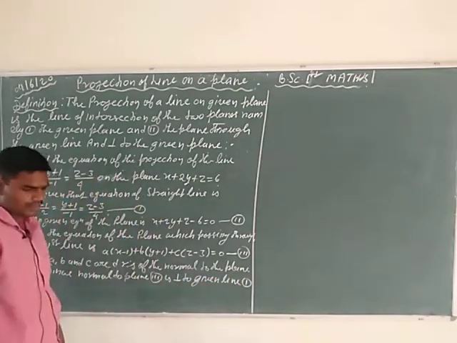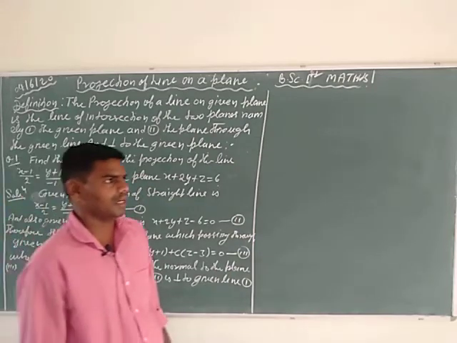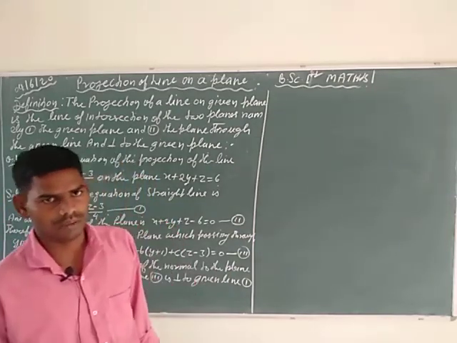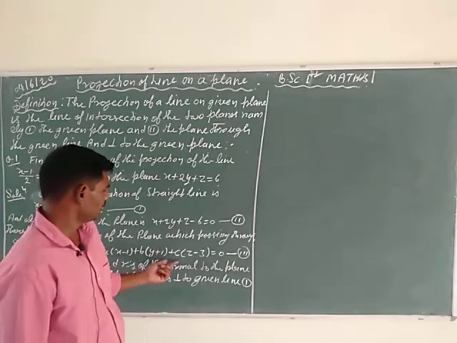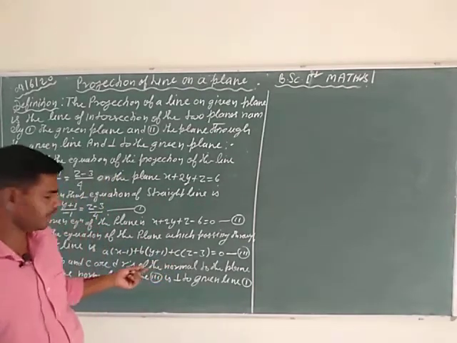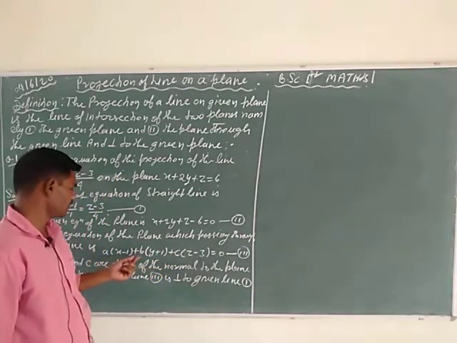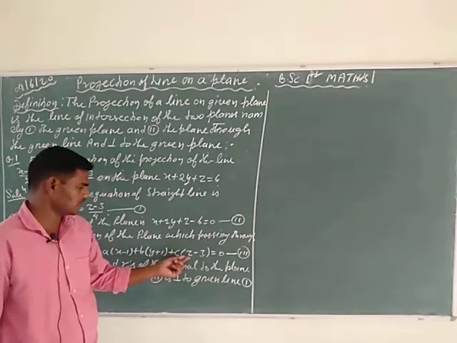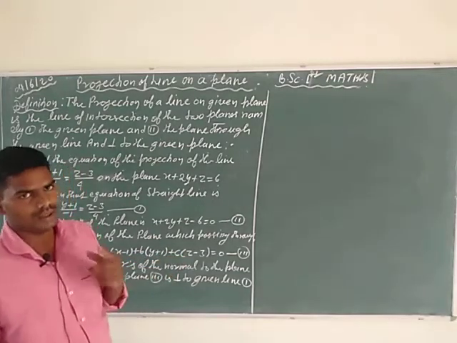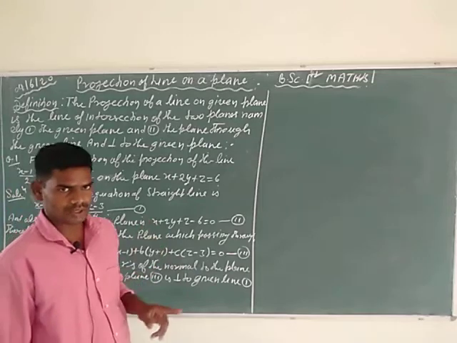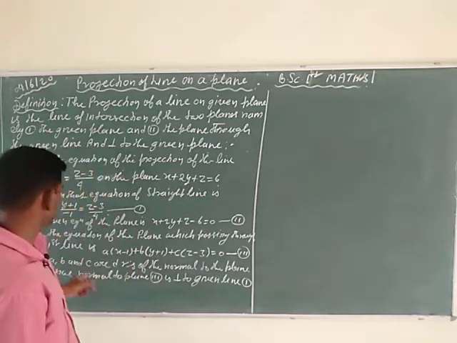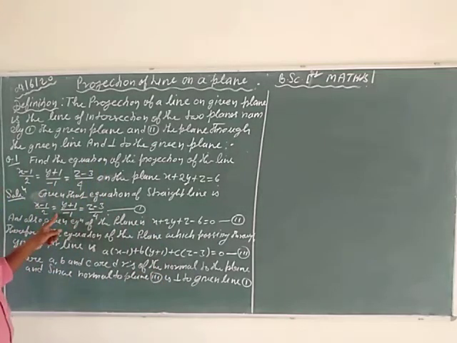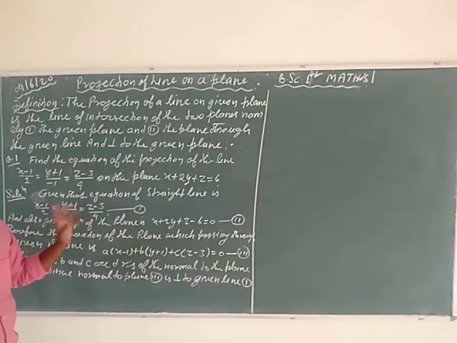When a plane passes through a line, there are two important points. First, the equation of the plane a times (x minus 1) plus b times (y plus 1) plus c times (z minus 3) must be passing through that point where the straight line is passing. This straight line is passing through the point (1, minus 1, 3).